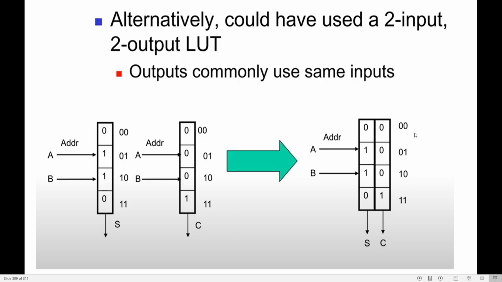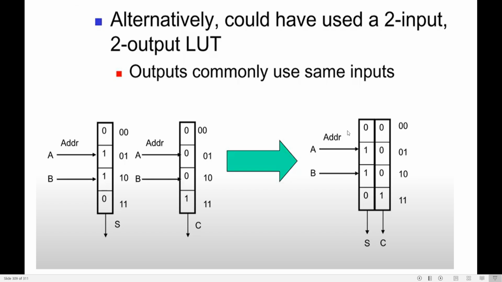So we can also merge it like this in the construction. This is very widely and commonly used. This is possible only if the address or the input is the same for both. Can you see, if it is 0, 0, we are going for 0, and if it is 1, 1, we are going for 1, 1. This is possible only when the address remains the same.